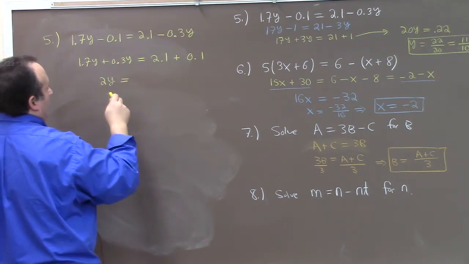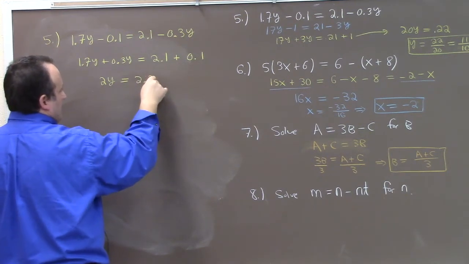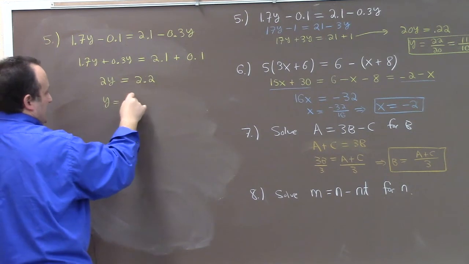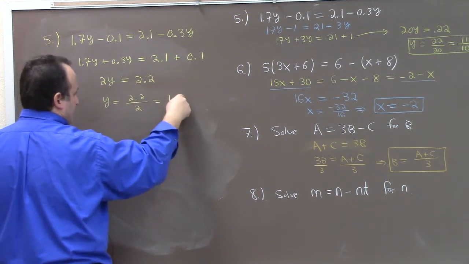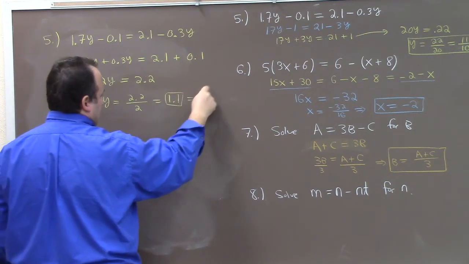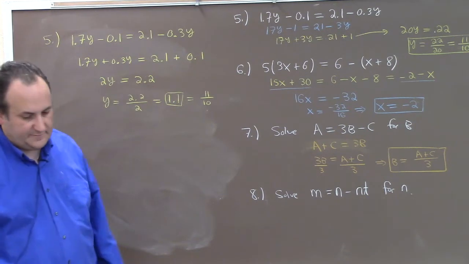So 2y is equal to 2.2. So y is equal to 2.2 over 2, which is also known as 1.1, which is also 11/10 if you like. So, it's all good.